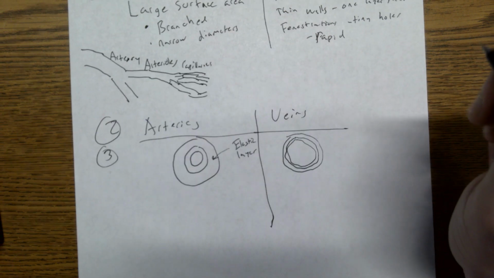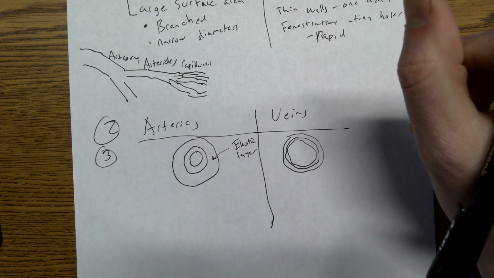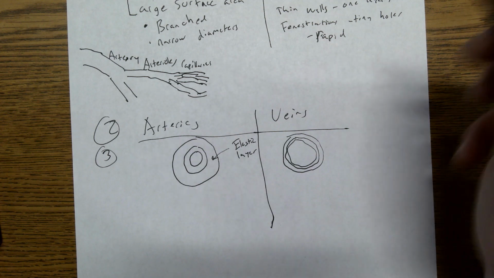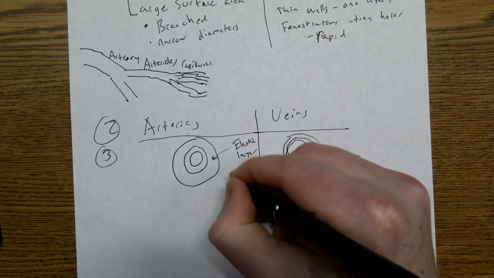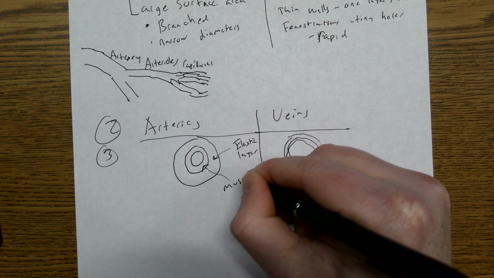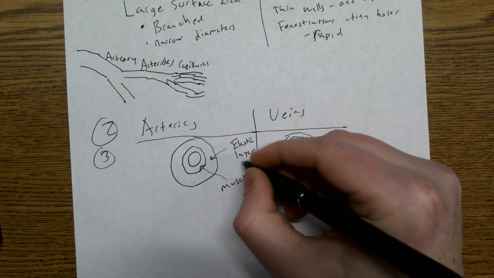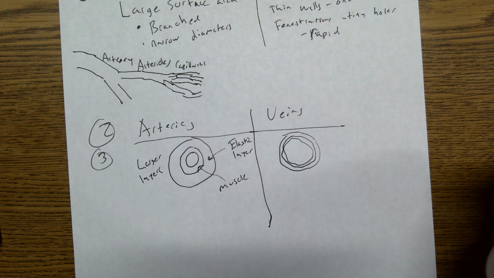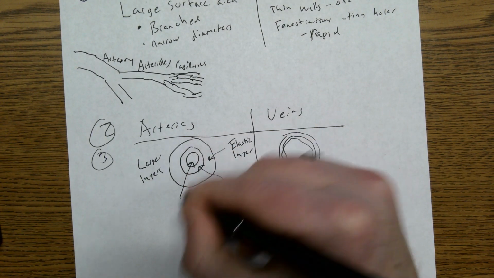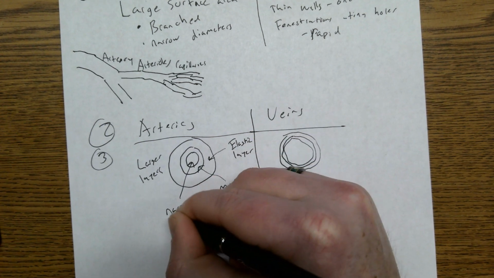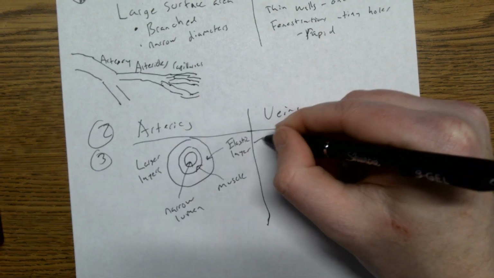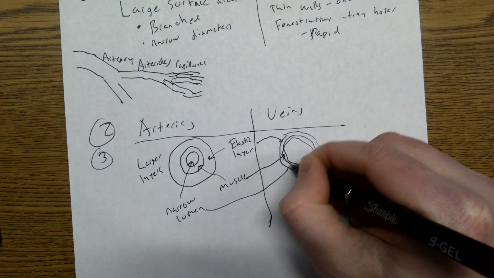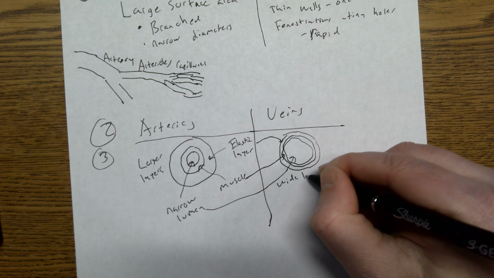Because it's going to be made up of a combination of connective muscle and elastic tissue, but for our purposes, it's mostly the elastic layer. The next layer is the muscle layer. And so you can see that these are both larger, so they have larger layers, thicker layers on this side here. And then in the middle, we have the narrow lumen. And so here, you've got the elastic, the muscle, and then over here, you have a wide lumen.